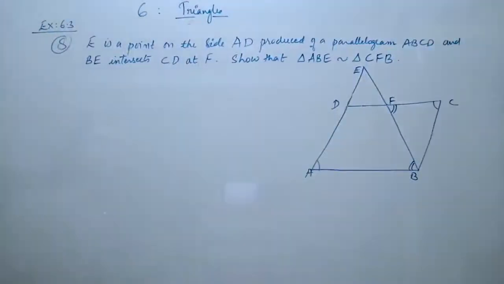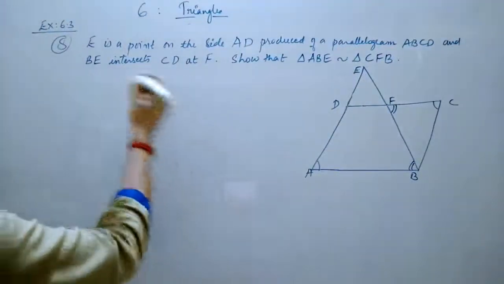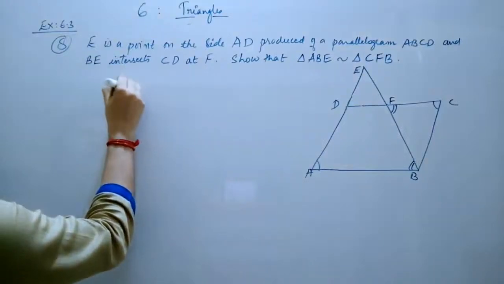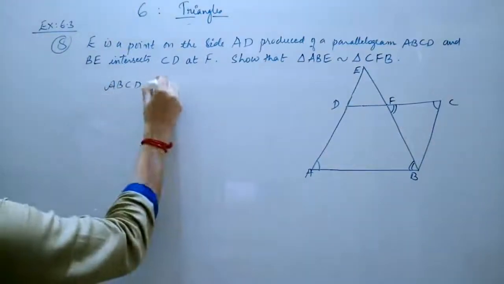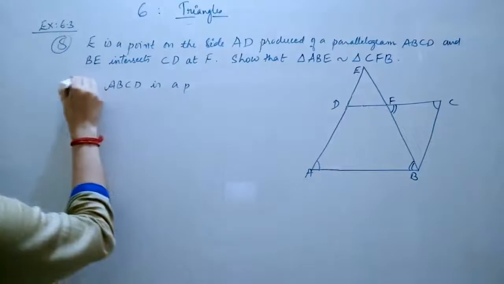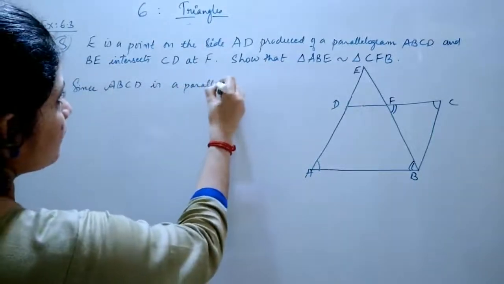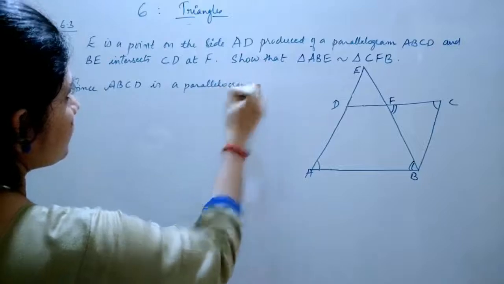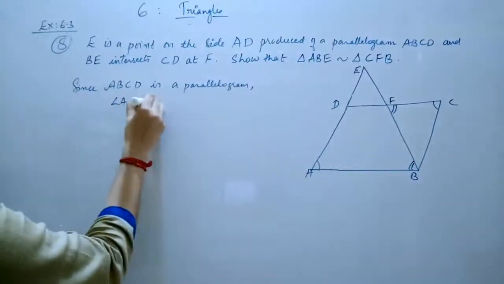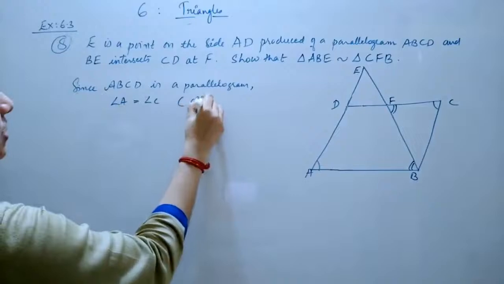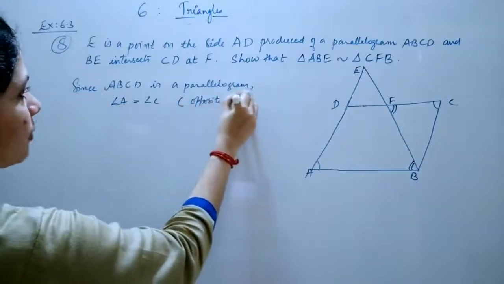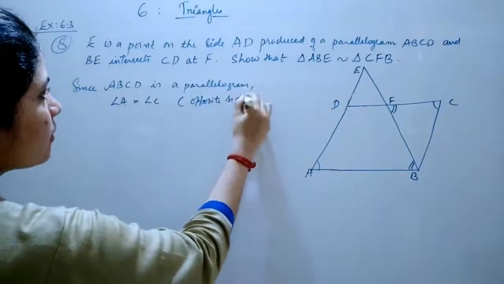Now how we will prove is, we will start with ABCD is a parallelogram, given. Since ABCD is a parallelogram, we have angle A equal to angle C, because opposite angles of a parallelogram are equal, right?